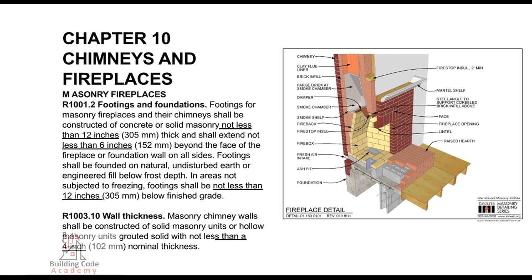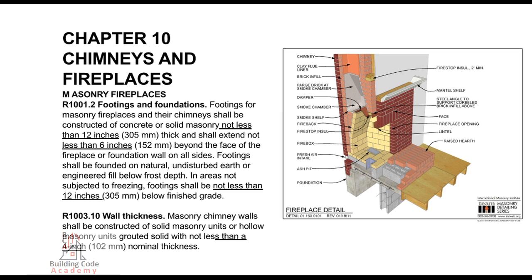Footings shall be founded on natural undisturbed earth or engineered fill below frost depth, or in areas not subject to freezing. Footings shall not be less than 12 inches (305 millimeters) below finished grade.